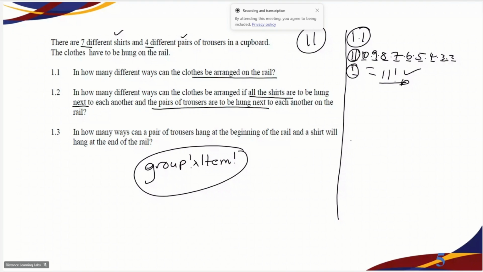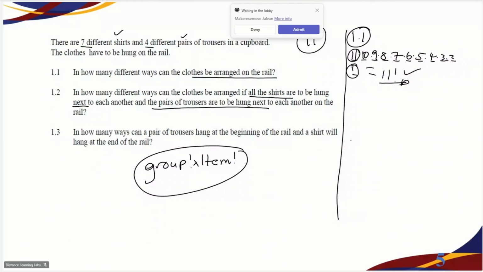Sorry for the inconvenience. We were on 1.2, on grouping different items. We said it's much easier when approaching the question of grouping to say group factorial multiplied by item factorial.